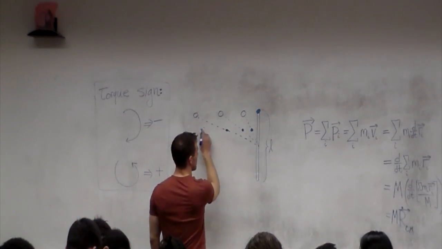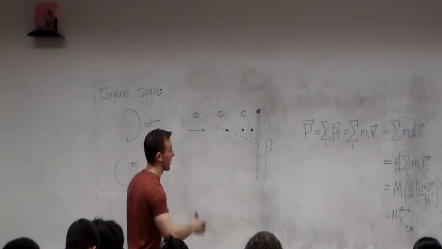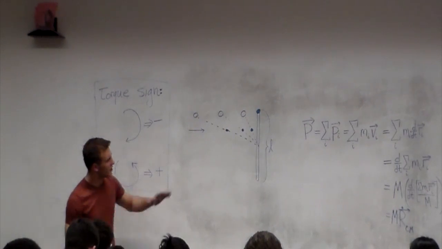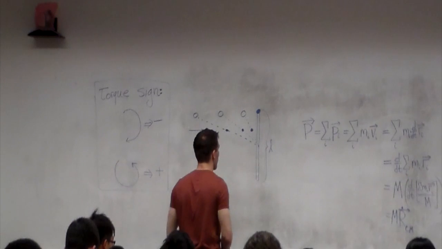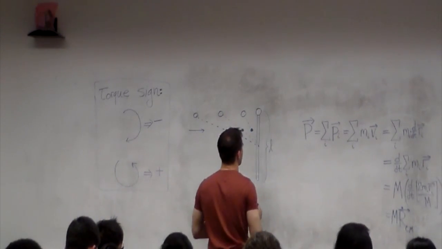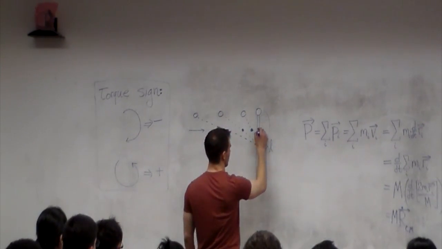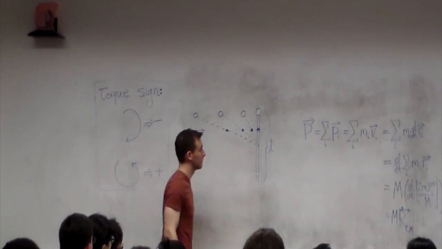As you can see, the center of mass is a point that's moving that way. Once it becomes attached, though, now the center of mass is permanently this spot on the rod.